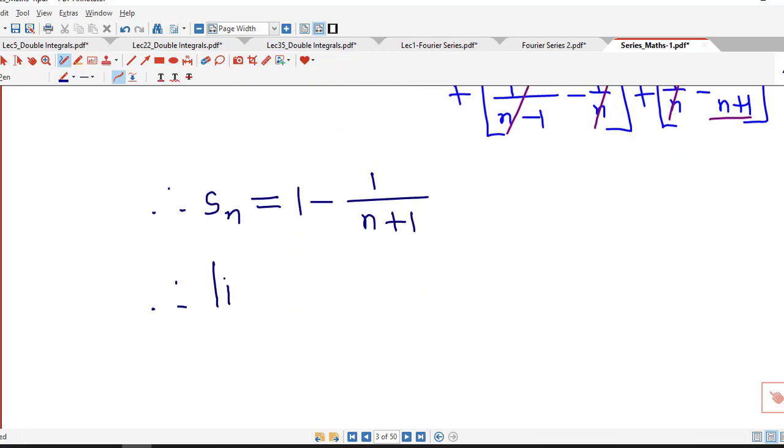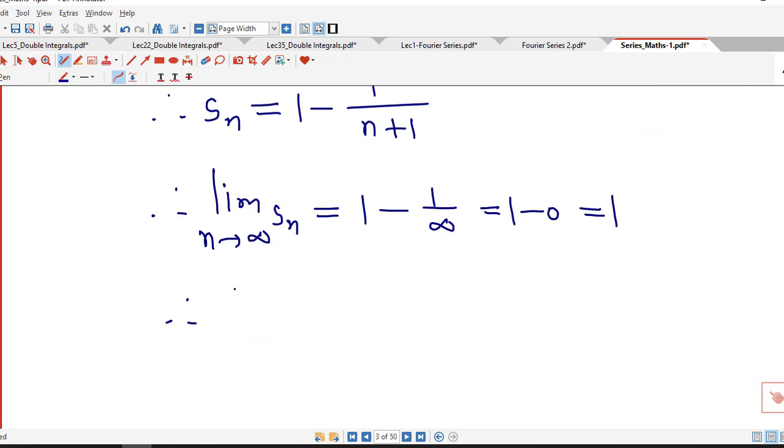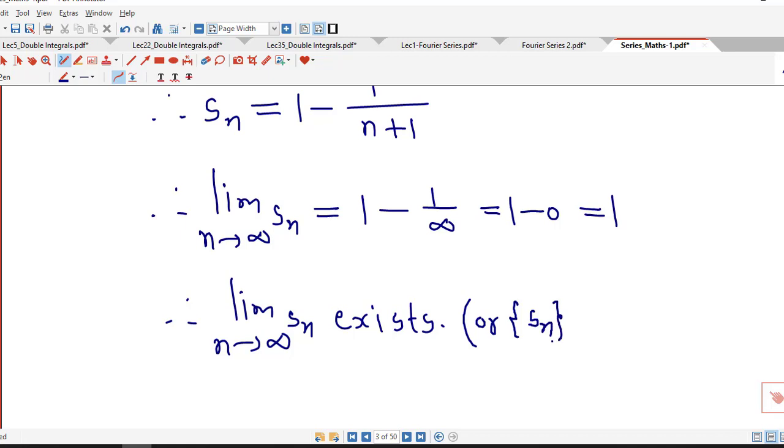Therefore the limit of S_n as n tends to infinity is the limit of 1, which is 1, minus the limit of 1 by n+1, which is 1 by infinity, that is 0. So 1 minus 0 is 1. Therefore the limit of S_n exists as n tends to infinity, or we can write that the sequence S_n is convergent.